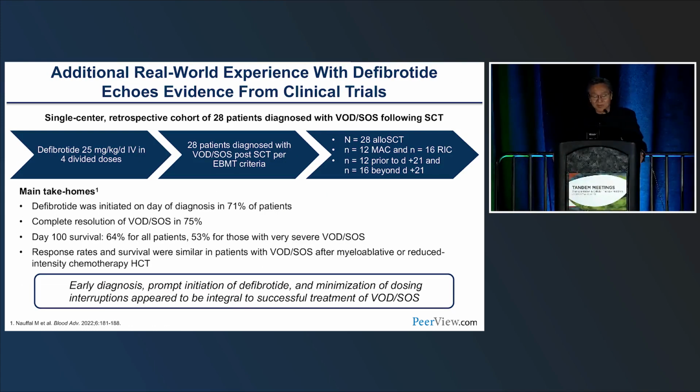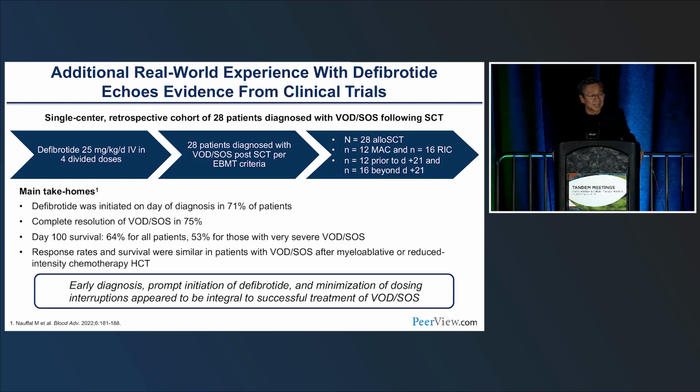So these actually reflect what was seen from the clinical trials. This is a different study looking at a single-center retrospective cohort of 28 patients with VOD or SOS following stem cell transplant. These patients started defibrotide on the day that they were diagnosed, using this new criteria, trying to diagnose these patients very early. They had complete resolution of VOD in 75%, which was really quite high.